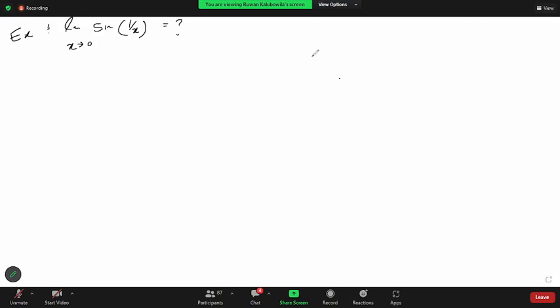First, tell me what values sine can take. Can you tell me the range? One and minus one, no? The sine function changes within this range. So whatever value we put inside this function, the result should be between -1 and +1.